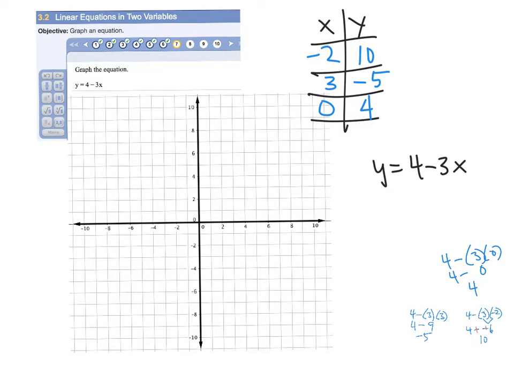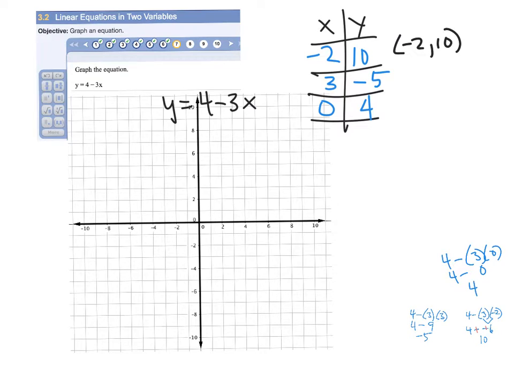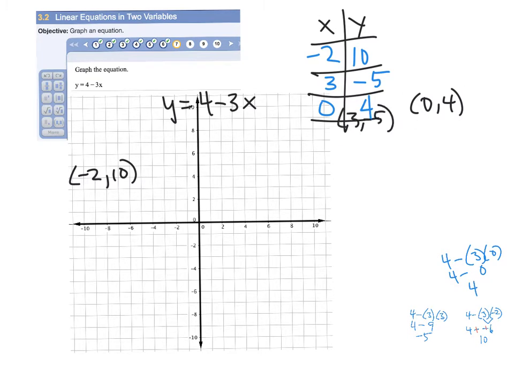And if we wanted to, we could add a fourth value here, a fourth ordered pair, but we don't really need to, because you need a minimum of 3. So what are our ordered pairs? Well, we've got -2, 10. We've got 3, -5, and then we've got 0, 4. So these are going to be the 3 ordered pairs that we're going to graph.